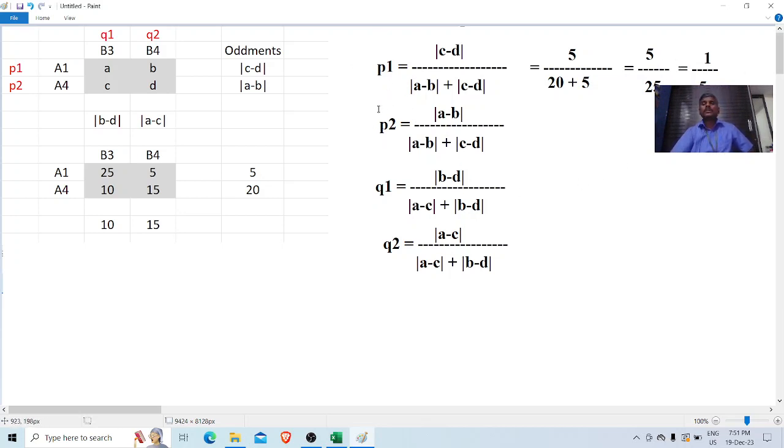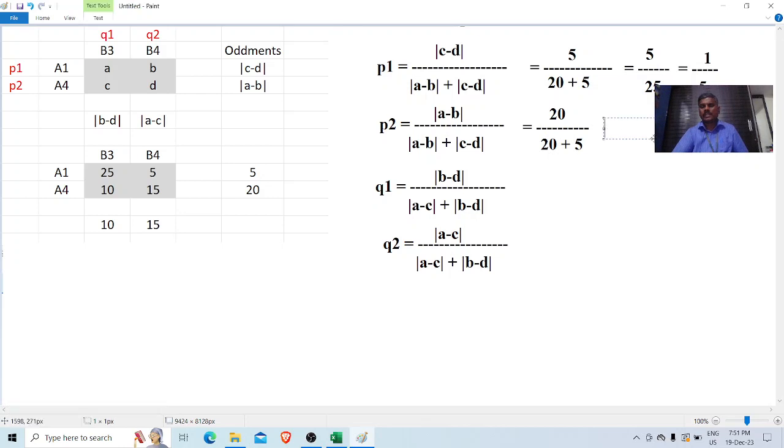What is the probability for using the fourth strategy? P2 is equal to modulus of A minus B. Modulus of A minus B is 20. Modulus of A minus B plus C minus D is 20 plus 5.